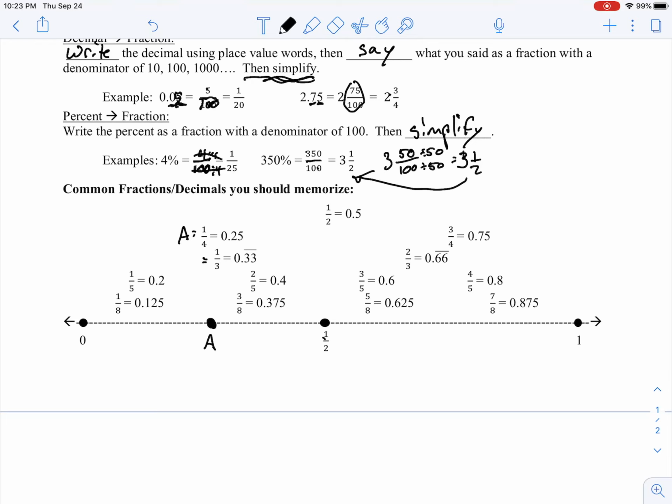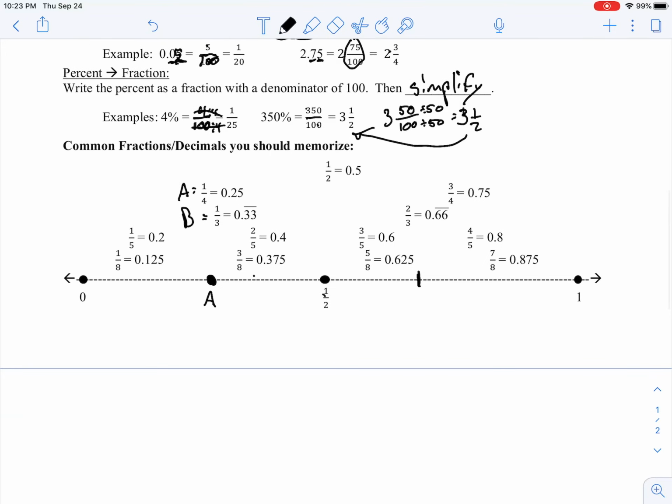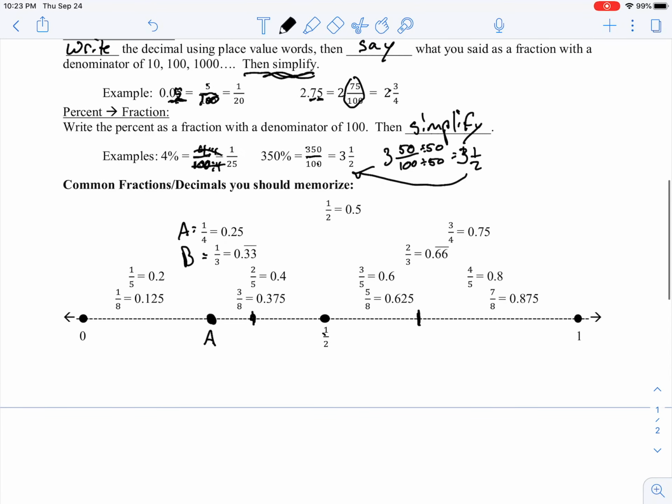If our next point is B, well then this is 1/3, so we're thinking of splitting this thing into 3 parts. That might not quite be accurate there. Let me just try to fix this a little bit. Maybe right about there. Alright, so 1/3 is going to be one of these 3 pieces that makes the whole.